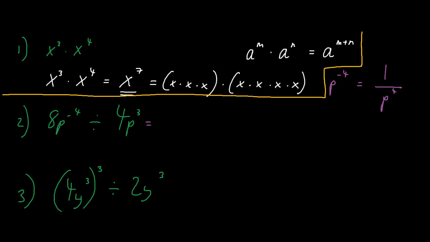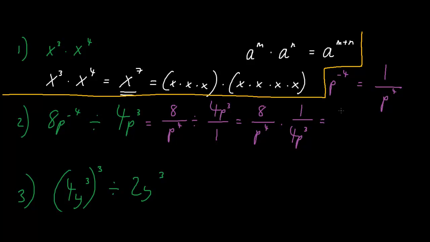So, this expression can be simplified into 8 over p to the power of 4 divided by 4 times p to the power of 3 over 1. And this will give us 8 over p to the power of 4 multiplied by 1 over 4 times p to the power of 3.